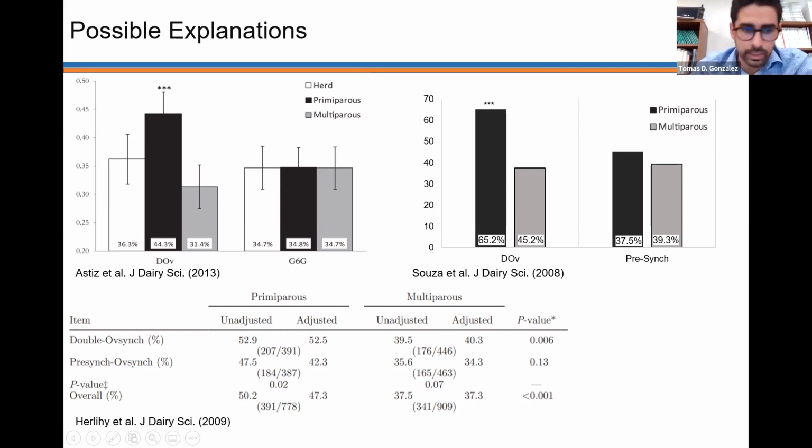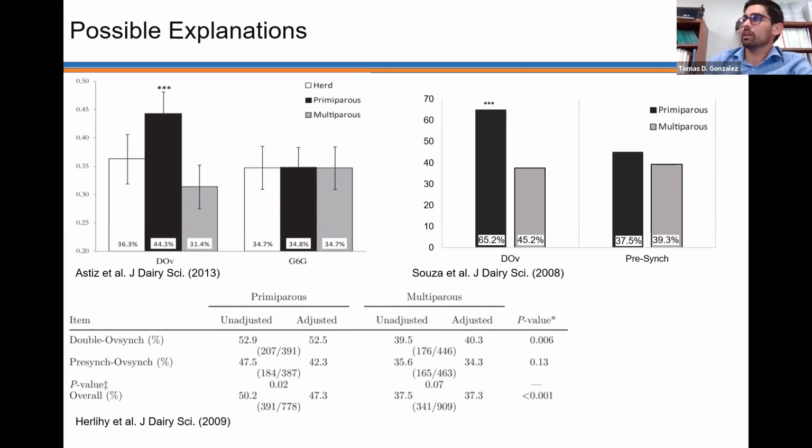This data and this one here as well, Hurley, in 2009, the same thing, primiparous cows. She has these results from primiparous cows using double Ovsynch, and using pre-sync Ovsynch she has these results, and better than the multiparous cows.